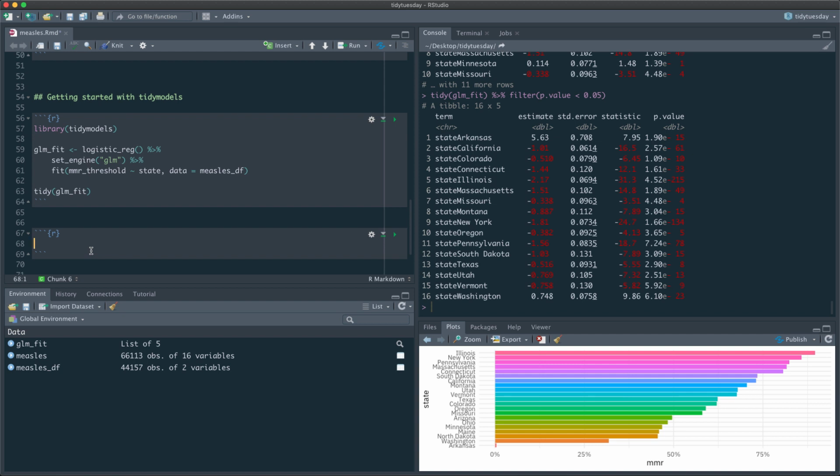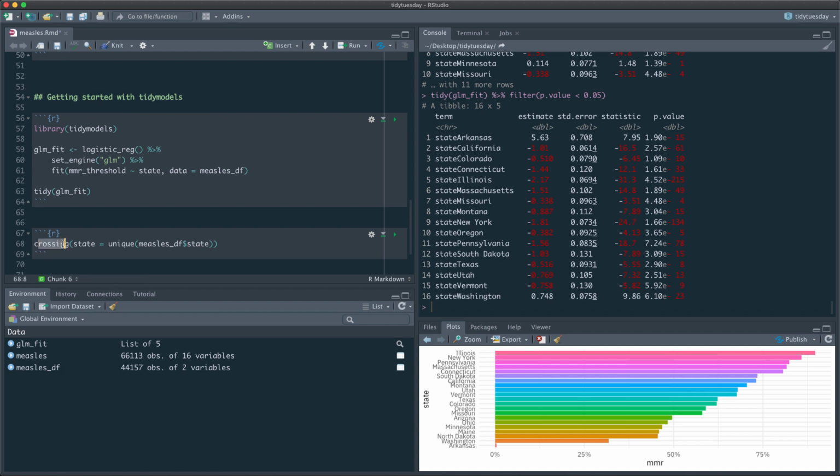So what we're going to do is make some predictions on some new data. For example, let's make, for every state that we have, unique in measles_df state, so oh no, wait, we don't need a crossing.